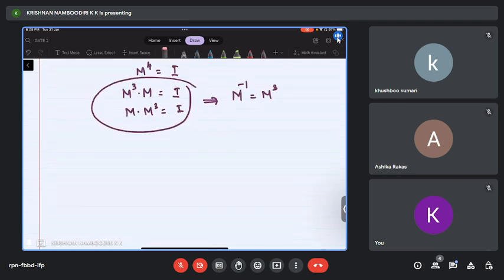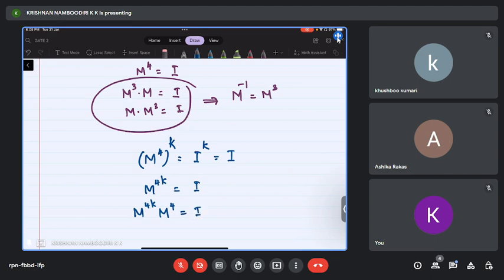So how does that happen? m power 4 equal to I, which means that m power 4 power some k equal to I power k. Identity matrix power any integer is nothing but identity matrix itself. So m power 4k is equal to identity matrix. So m power 4k into m power 4, which is again identity matrix, equal to identity into identity, which is equal to identity matrix.